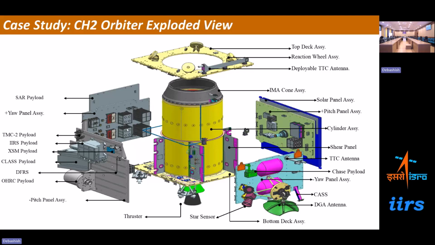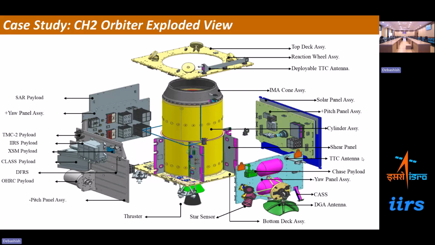So here, another prime objective of the mission team is the mounting. Like where to mount my star sensor, where to mount my DGA antenna, where to mount my CASS, where to mount my reaction wheels, and on which panel my TTC antenna should be mounted.